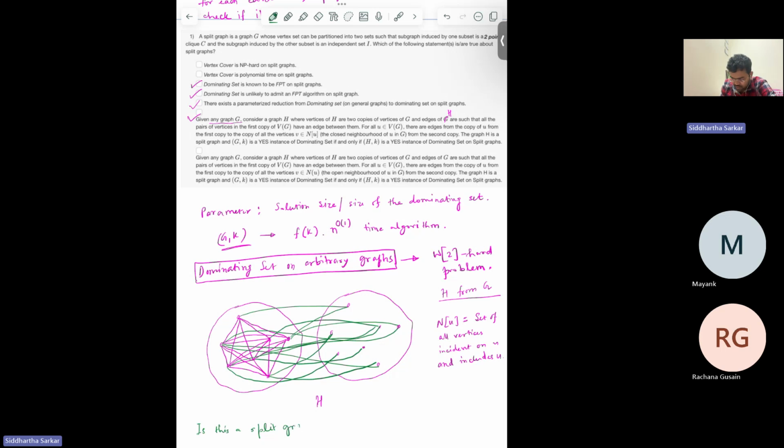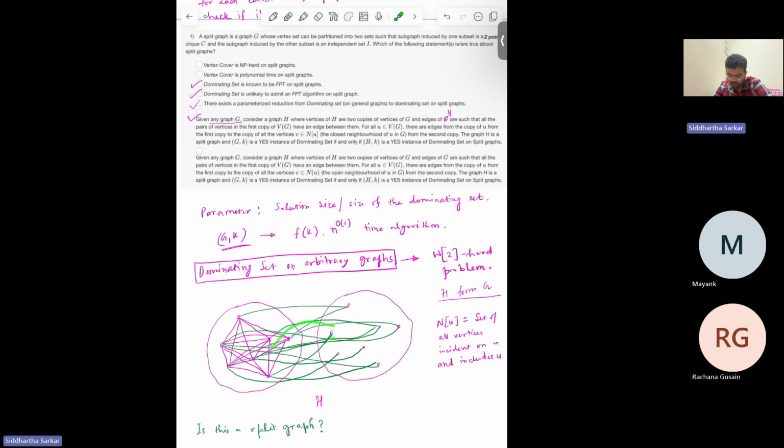A split graph is a graph whose vertex set can be partitioned into two parts. One part is an independent set and the other part is a clique. Clearly, one part is a clique, as per the construction. The other part, the induced graph by the other part, is an independent set, because among the vertices in the second copy of the vertices of G, there are no edges.